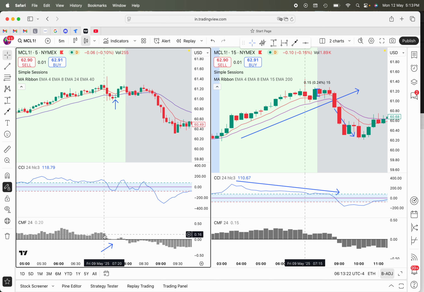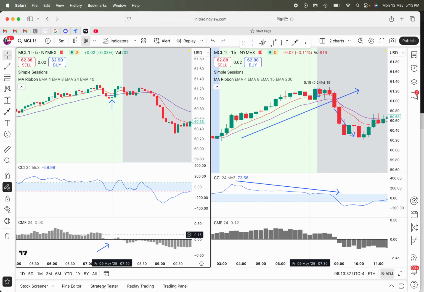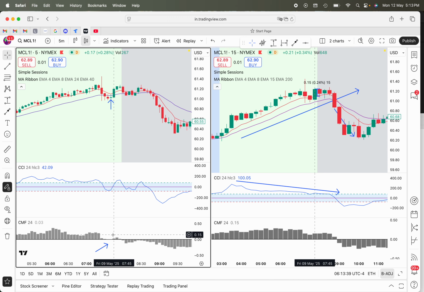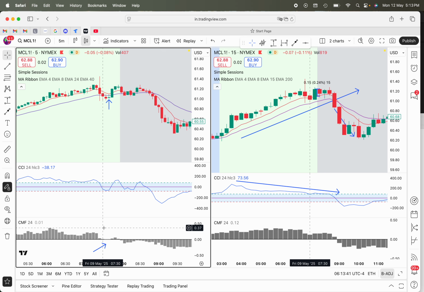The CMF is measuring price and volume, and this is something that the CCI is not doing. So this is straight out price here, and this here is price and volume, and volume is a really important thing, and it's really hard to put it into an indicator, but I think they've done extremely well here with volume. I really do.